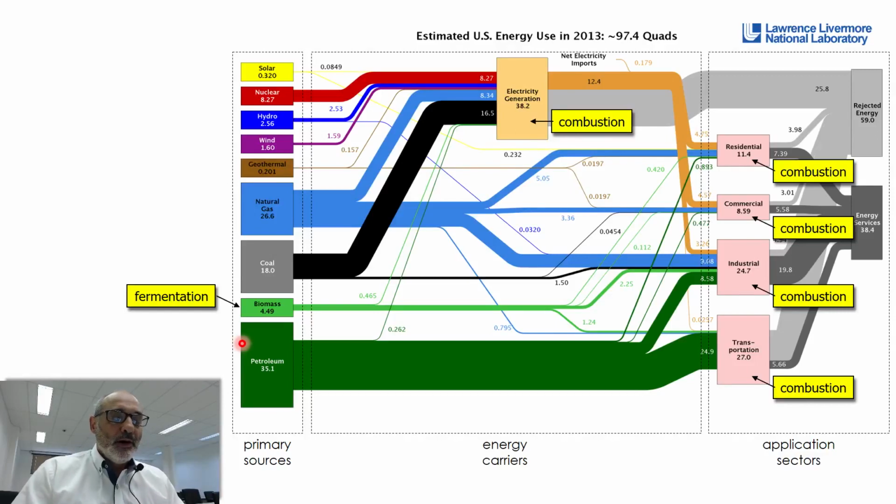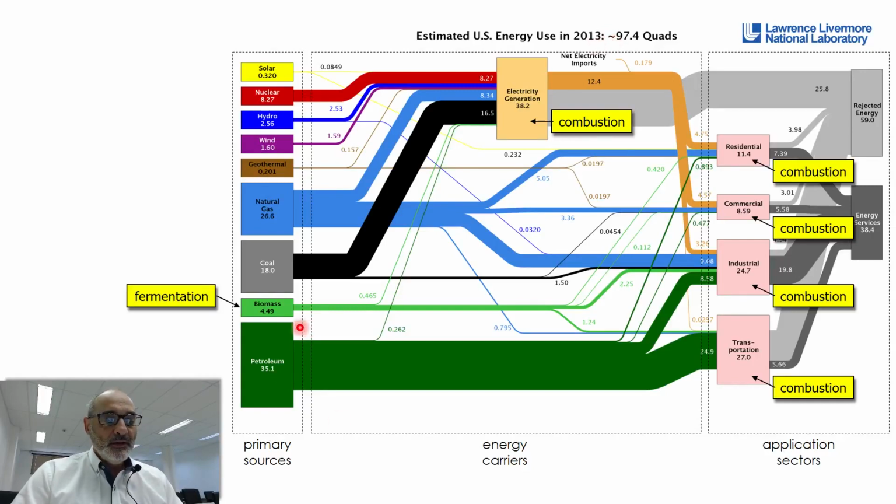Just another reminder before we get into the subject, another important aspect of this problem is chemical reactions. We're going to end this class talking about chemical reactions. This is, again, the Sankey diagram of United States energy use in 2013.